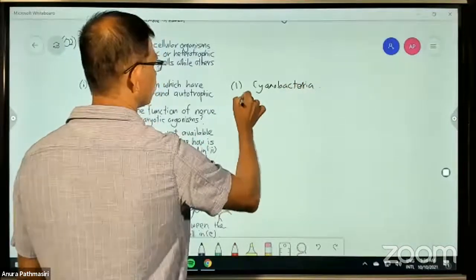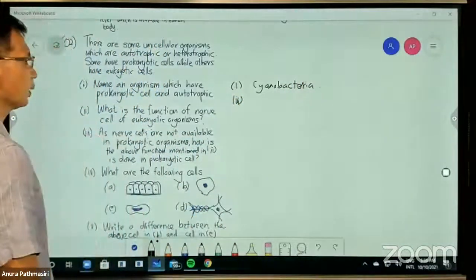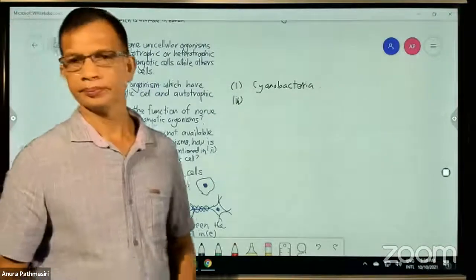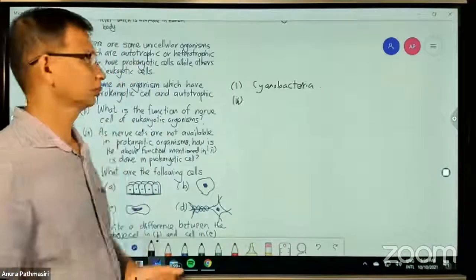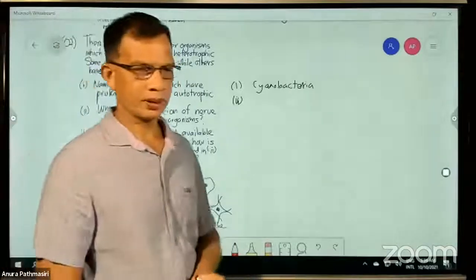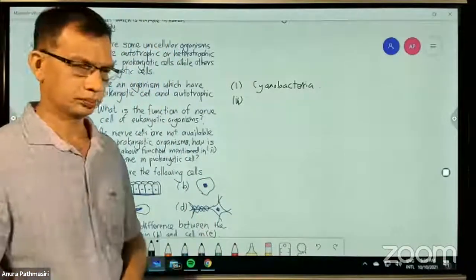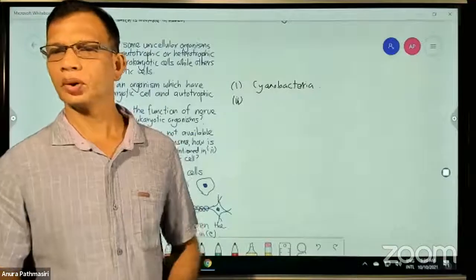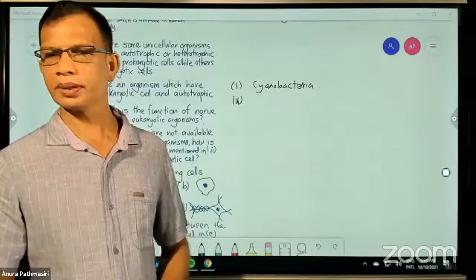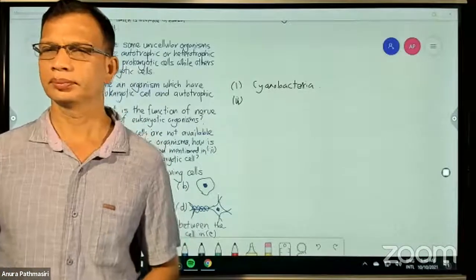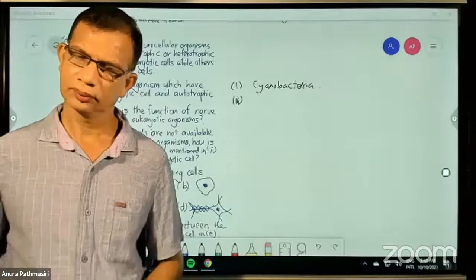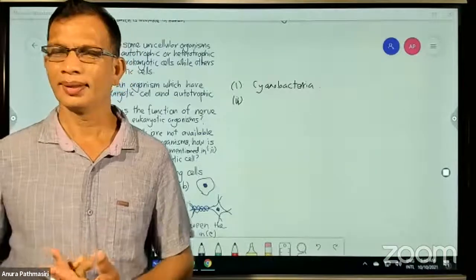And number 2, what is the function of nerve cell of eukaryotic organism? What is the function? To receive the information from the receptors or another neuron and to transmit them to the effector.